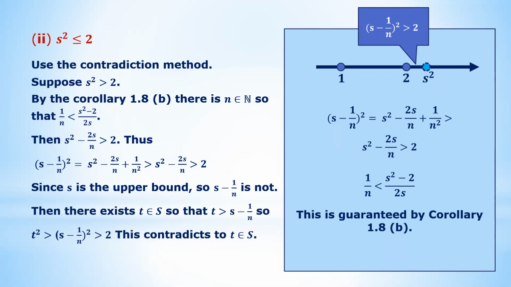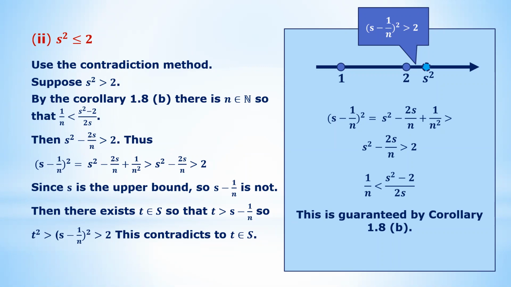Okay, now t squared greater than 2 is simply saying that t is not in S, because every element in S has to satisfy that the square of the number is less than or equal to 2.